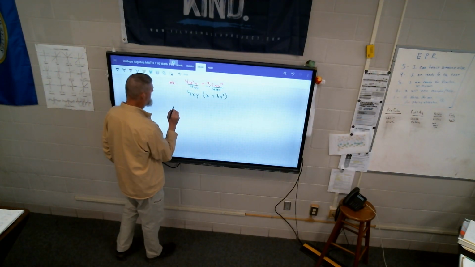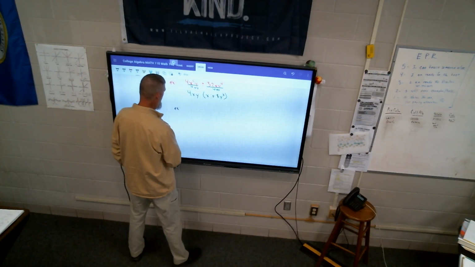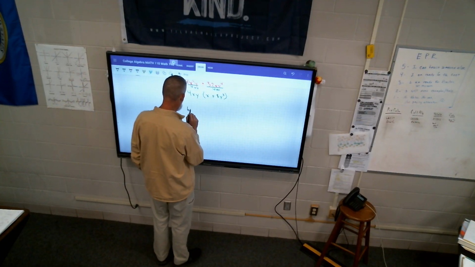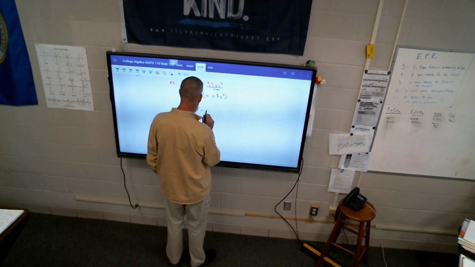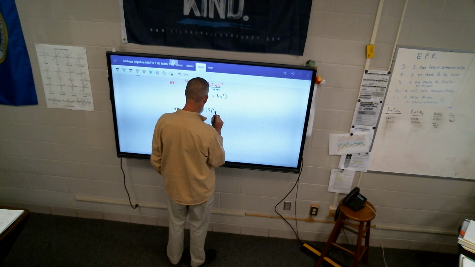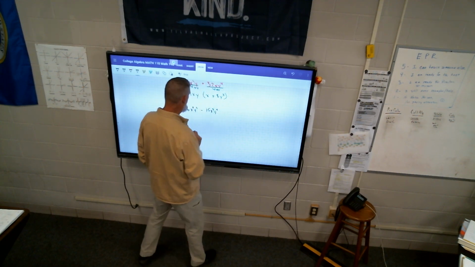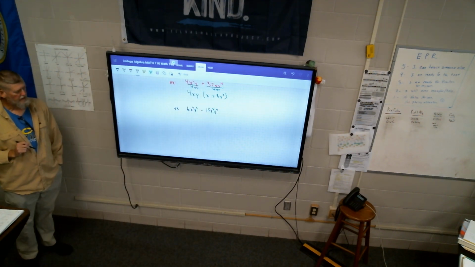Alright, try this one. Here's an example. Let's make this a little bit more difficult. Let's go 6x to the fourth y squared minus, let's go with 15x to the third y to the fourth. Factor out.